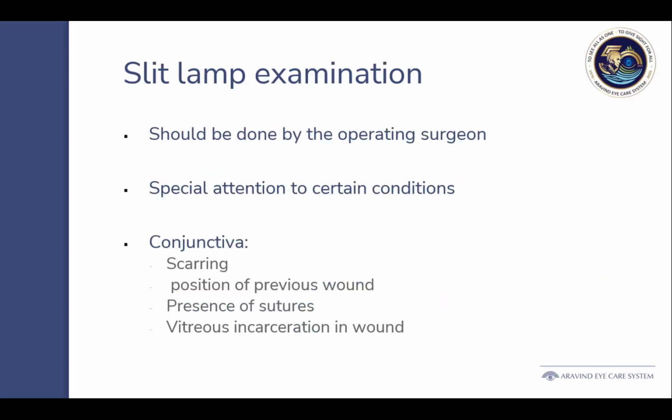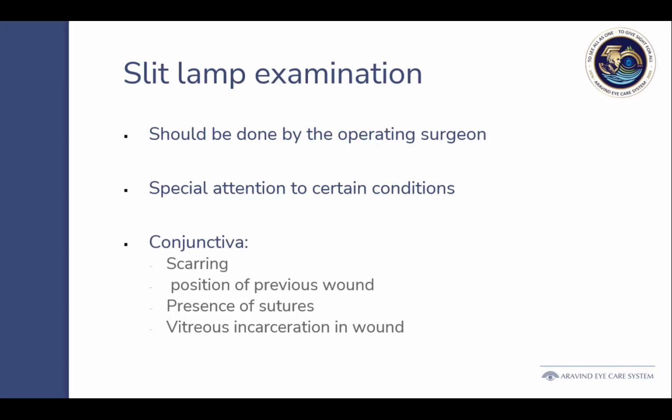One of the mandatory things, especially in a setup like Aravind, where there are multiple people examining and measuring the eye, is that the slit lamp examination should be done by the operating surgeon, and he should pay attention to certain conditions.